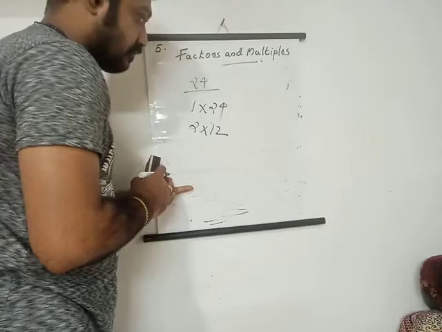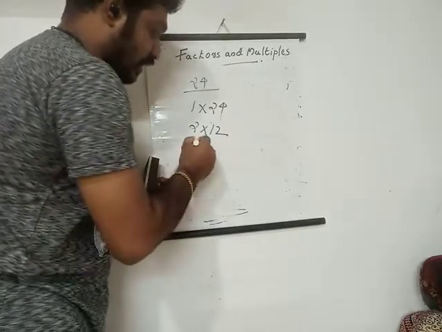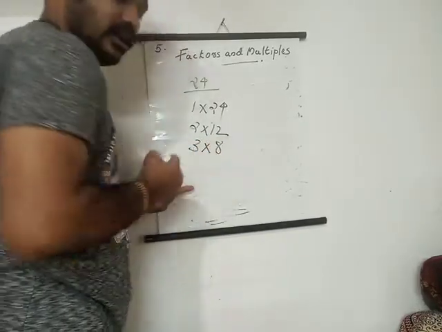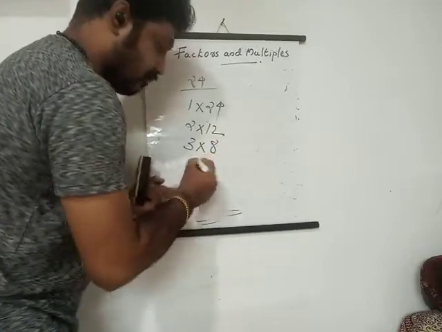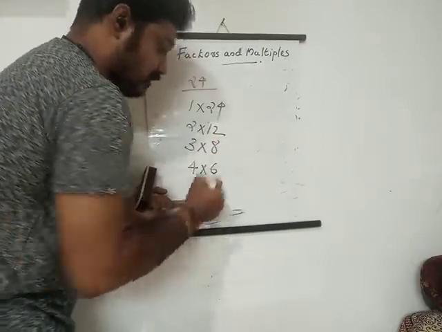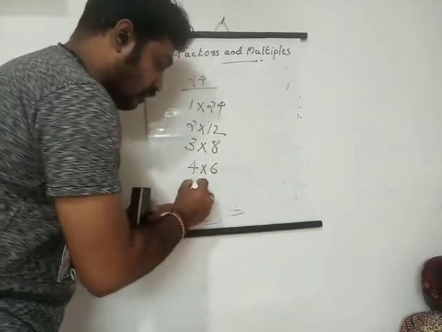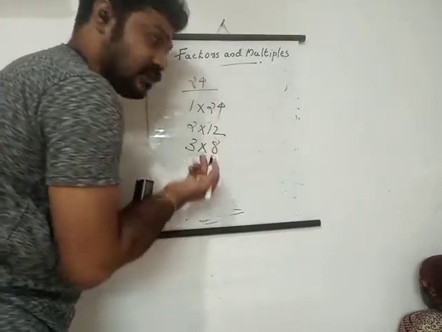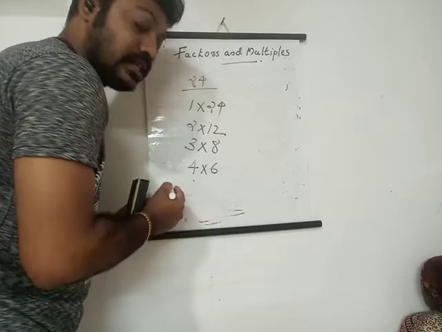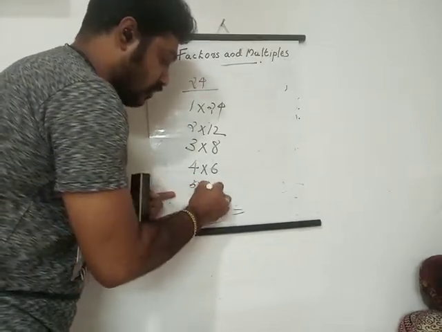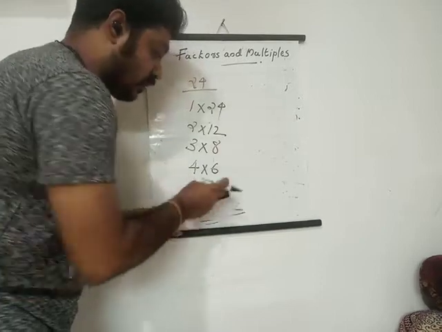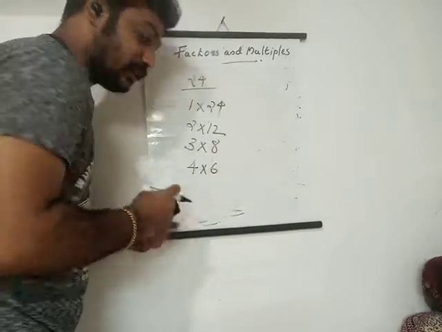Check in 3s. 3 8s are 24. 4 6s are 24. Now next number, 5 table, 24 is not there, isn't it? Now it is the 6 table. 6 4s are 24, but 4 and 6 we already wrote, so it is repeating and we are not writing it. Remember these things I taught you.